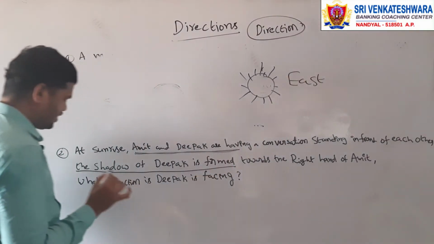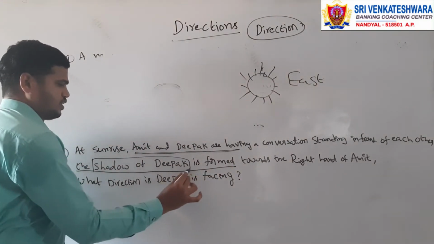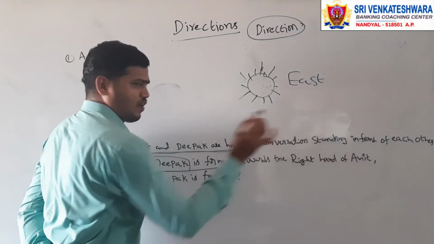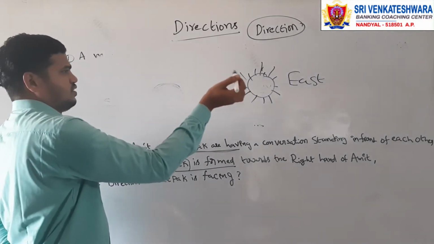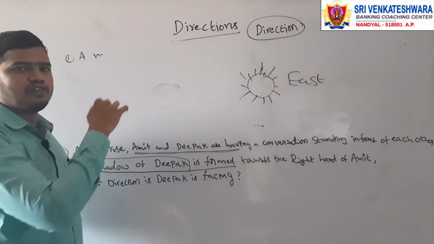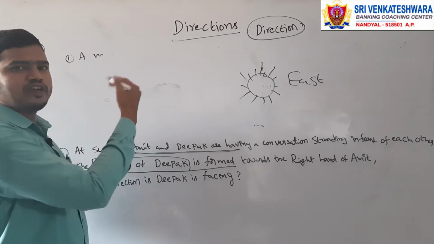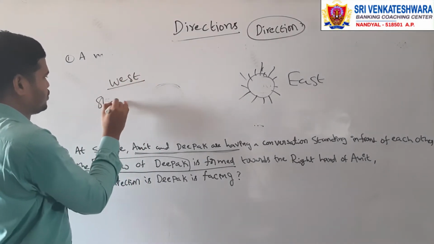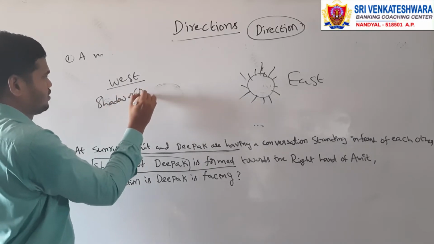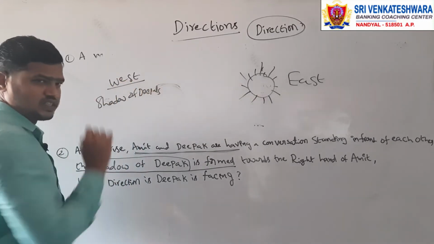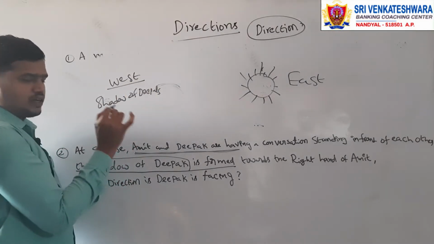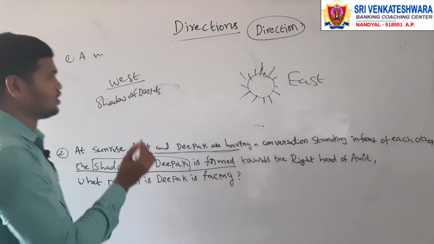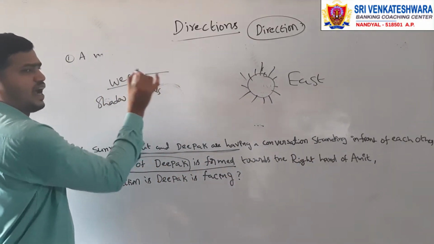They mention the shadow of Deepak is formed towards the right hand of Amit. If the sun is in the east, in which direction is the shadow? Opposite of the east is west. So we have the shadow of Deepak at west, which is the right hand of Amit.